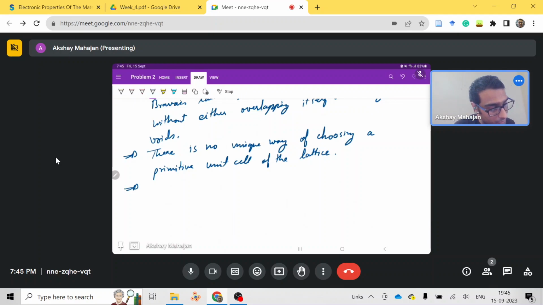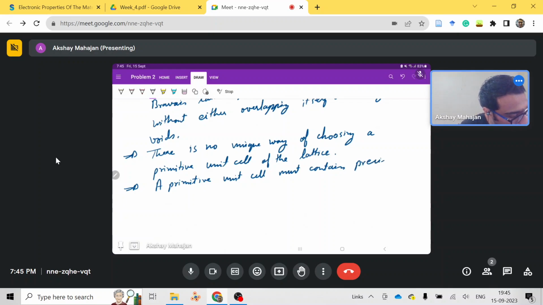Then one thing again, a primitive unit cell must contain precisely one lattice point.